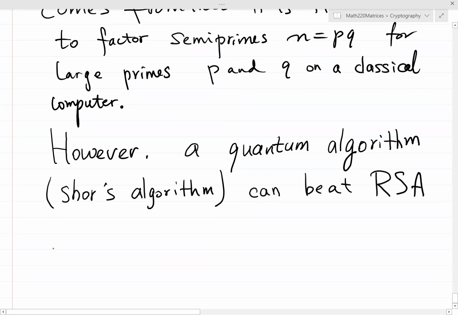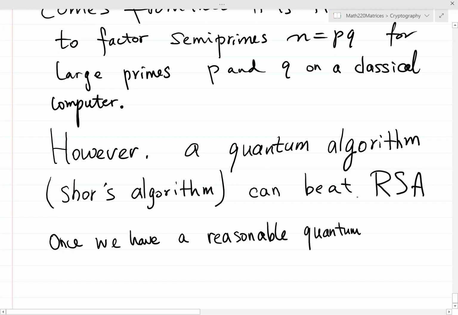Once we have a reasonable quantum computer, now actually right now we already have quantum computers, but there are still some technical things that prevent us from building a really good quantum computer, because quantum information is hard to preserve. We not only need a quantum algorithm, we also need certain things that can achieve the algorithm.